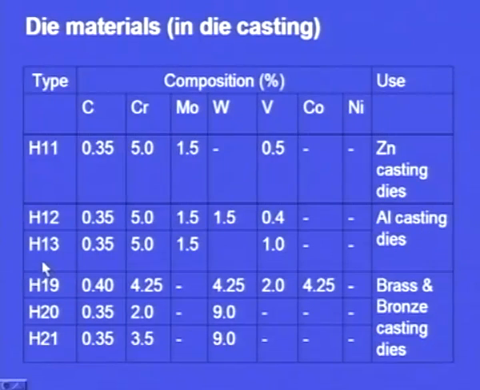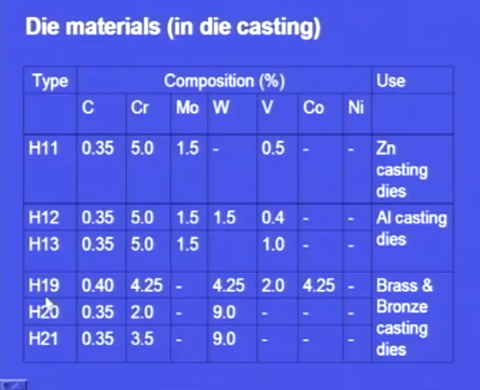There is another steel known as H13 steel, and its composition is carbon 0.35, chromium 5%, molybdenum 1.5%, vanadium 1%, and the rest is iron. This die material is used when we have to make aluminum castings.